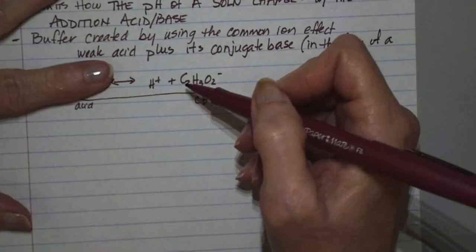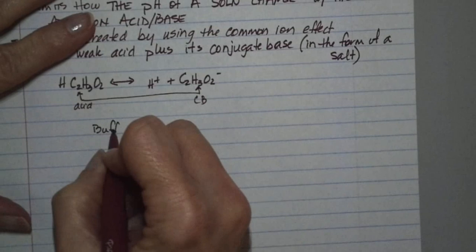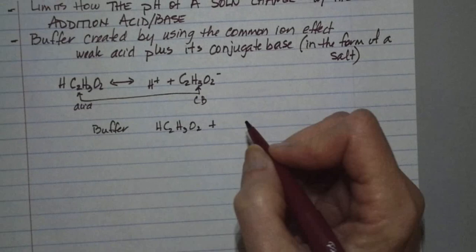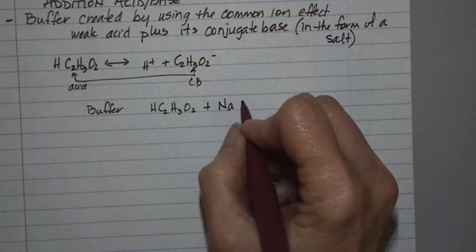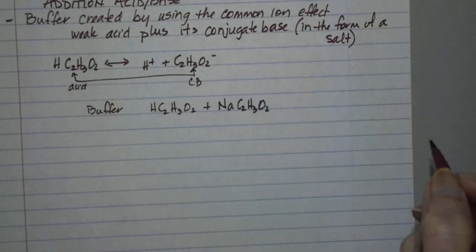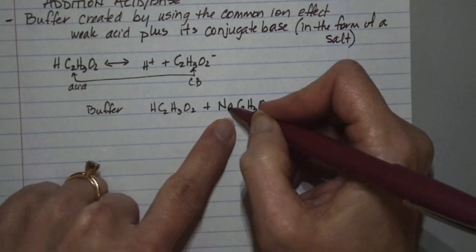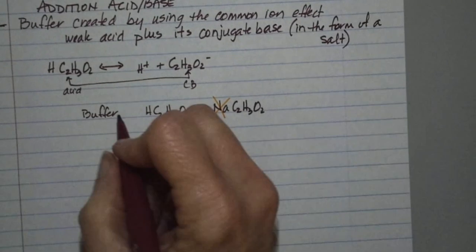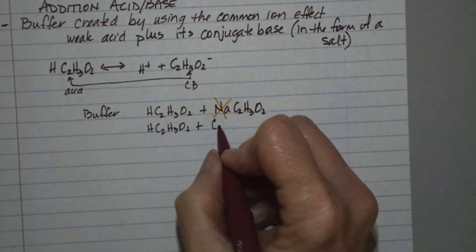So a buffer would be HC2H3O2 plus, let's say, sodium acetate. We want something that separates completely into ions, right? So here we have the acid, and again, the sodium ion stays in solution no matter what. So it's just floating around in there doing nothing. So basically, we have the acid plus its conjugate base, right there, that's a buffer system.